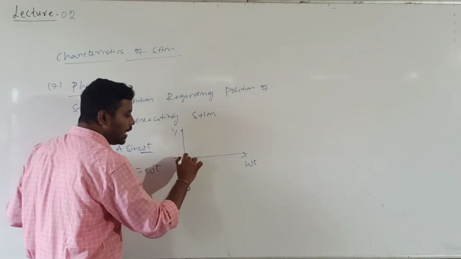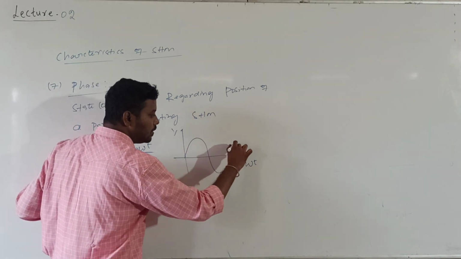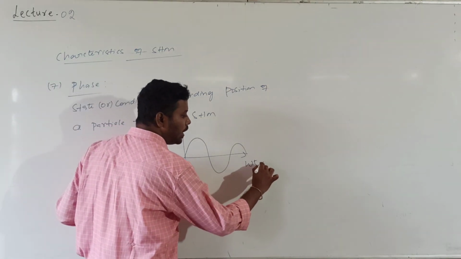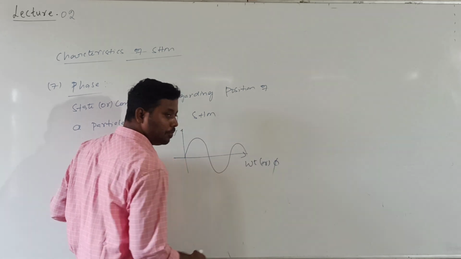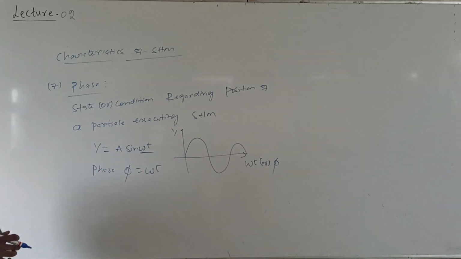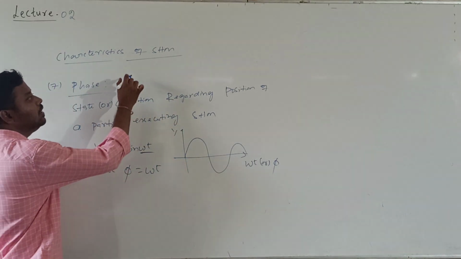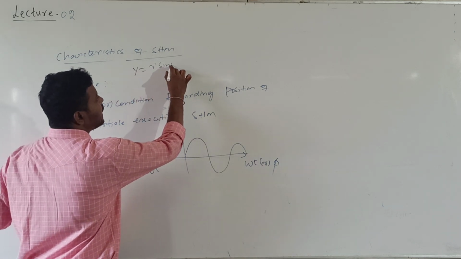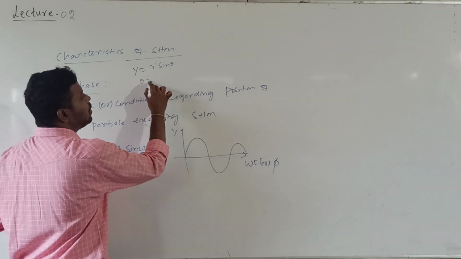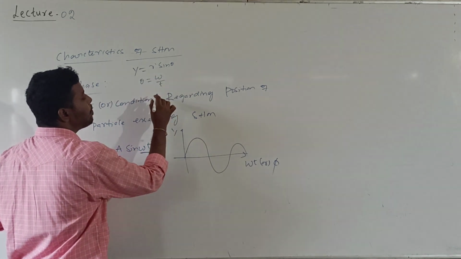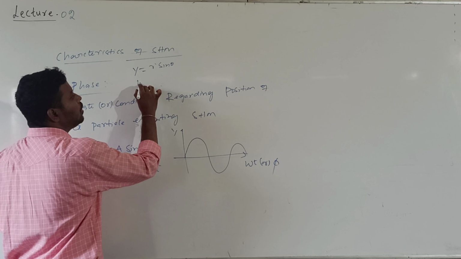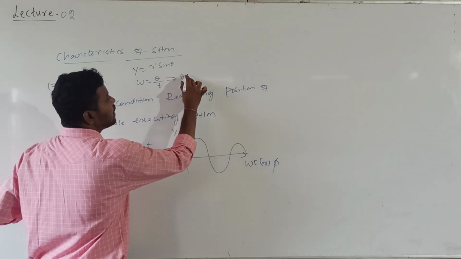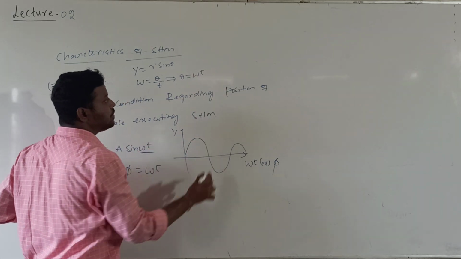Now if I plot the graph, it will be like this. This axis is theta or omega t, or phi. Yesterday we first wrote y is equal to r sin theta. Then omega is equal to theta by t, which implies theta is equal to omega into t.